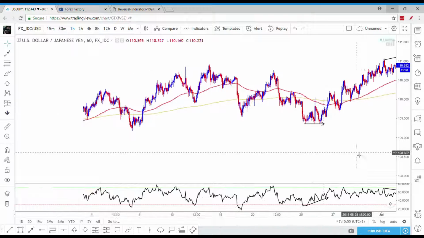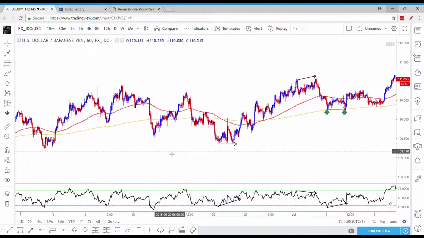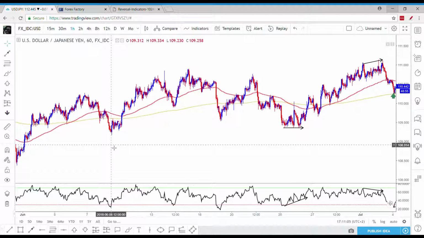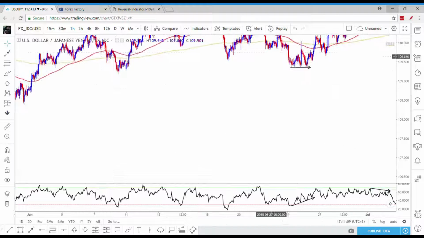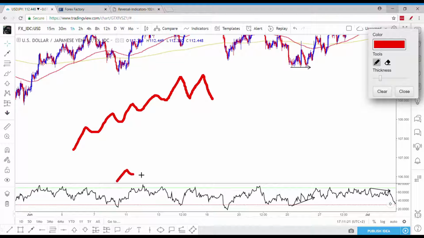Okay, so how we put that all together is basically, especially when you put divergence with price action and chart patterns. So when we see, for example, a price going like this and then makes a lovely double top, and the RSI, you can see, makes this and that.